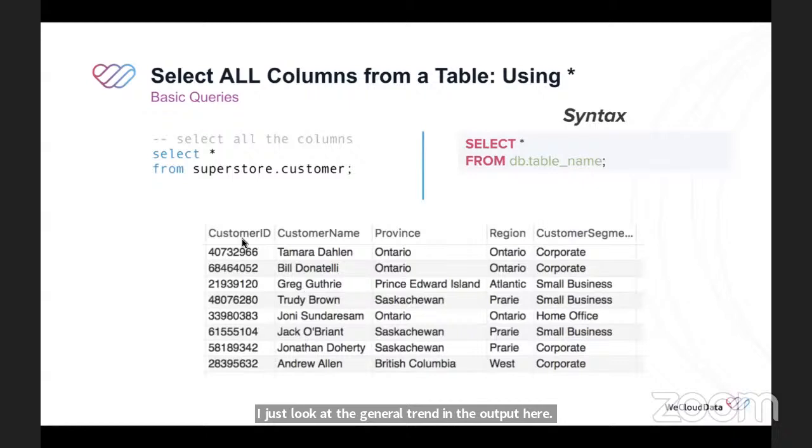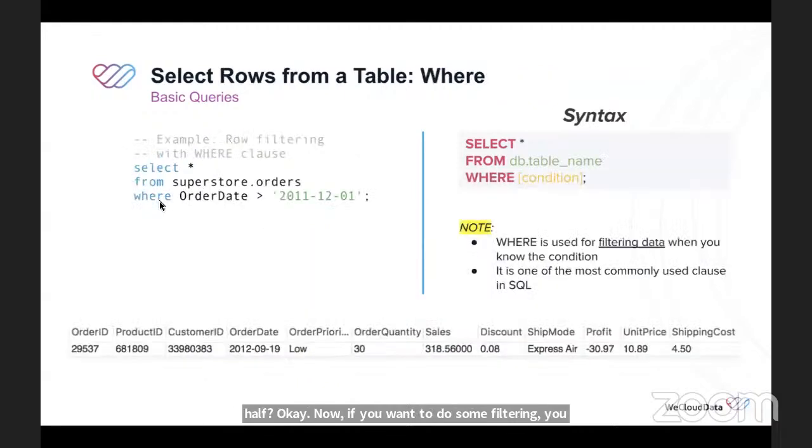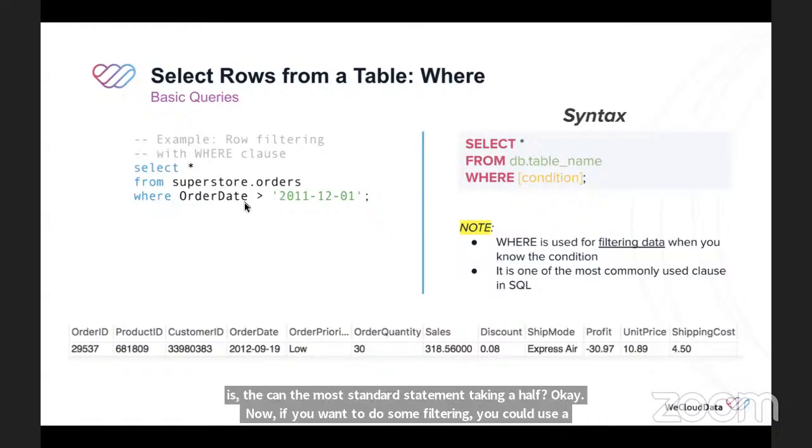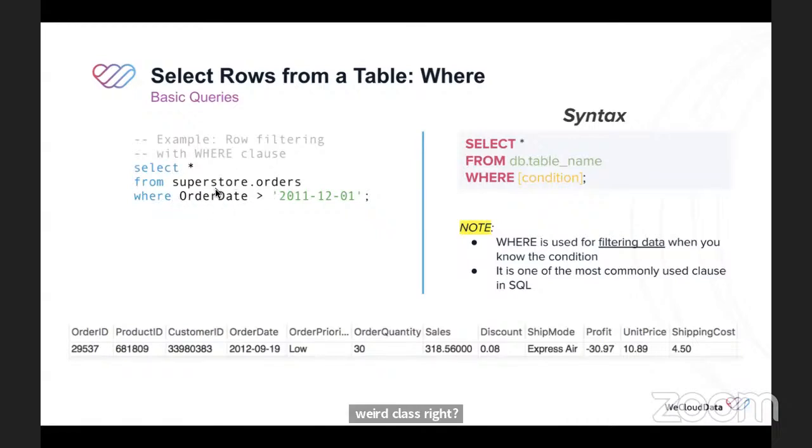A basic statement has a select clause and a from clause. That is the most standard statement you can have. Now, if you want to do some filtering, you could use a where clause. In a where clause, you have a condition based on one or multiple columns.